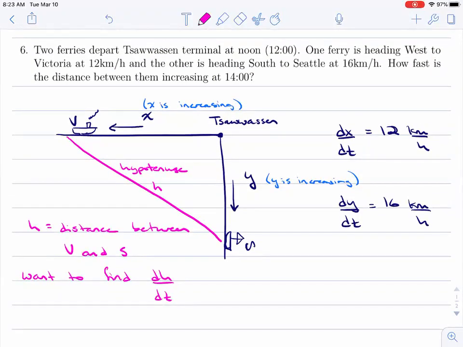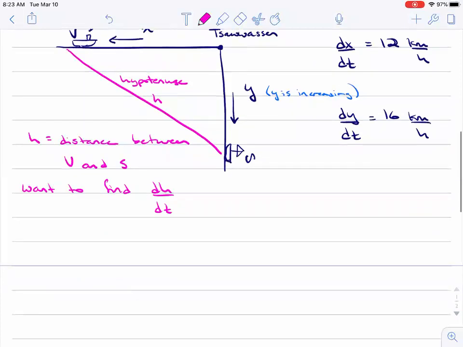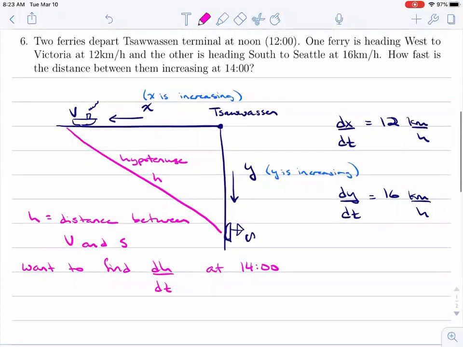at 2 p.m. So at 14 o'clock. Why do we care about that time point? We could figure out in general how it's increasing, right? That's fine. But if we want an actual value, we need that time point.